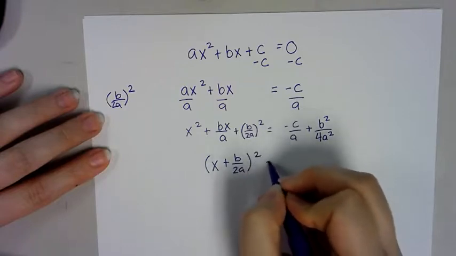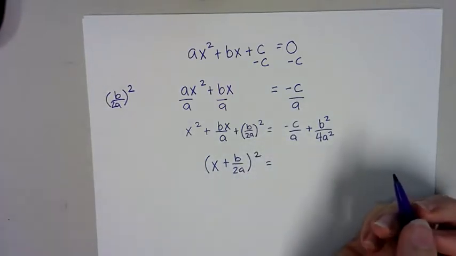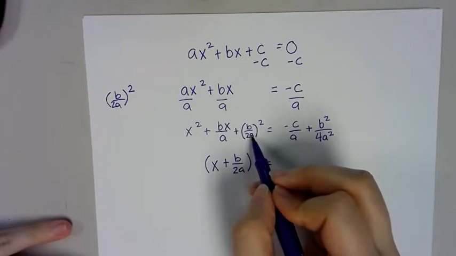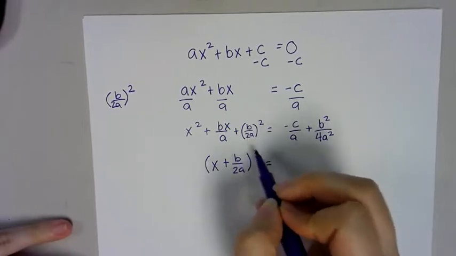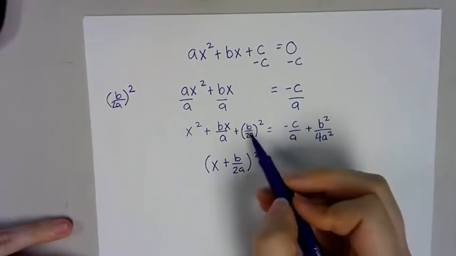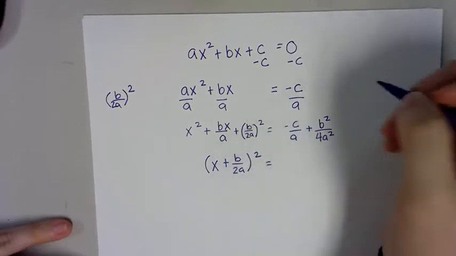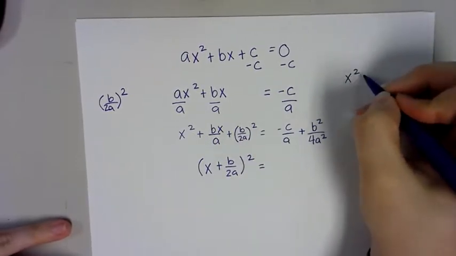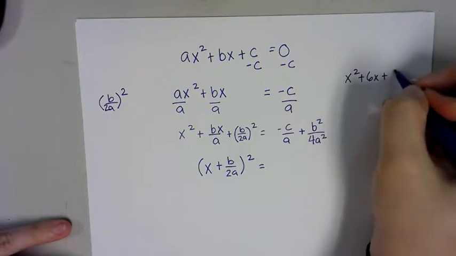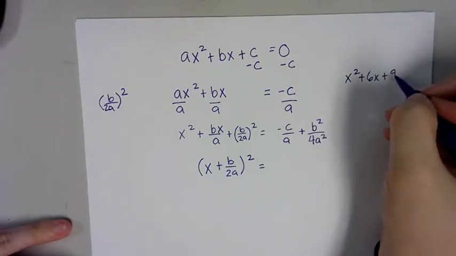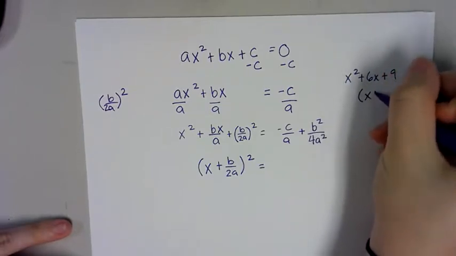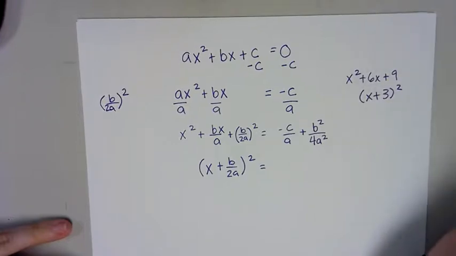Because remember, when we factor a perfect square trinomial, the square root of this term is the number that goes into both of the binomials. So, for example, if this was x squared plus 6x plus 9, if I were factoring that, the square root of 9 is 3, so that would give me x plus 3 squared.